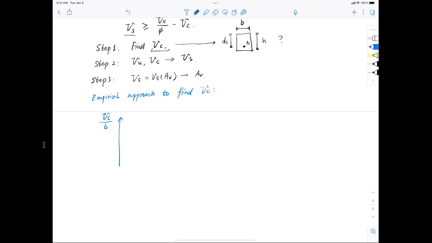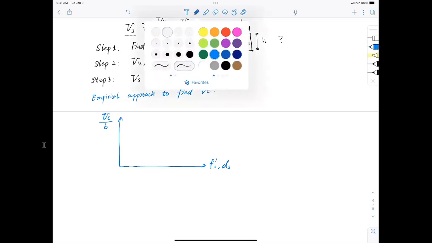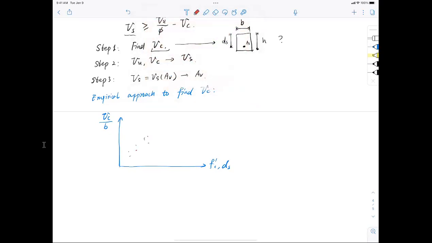Just pure concrete, okay? And we listed the shear resistance Vc normalized by the width b, versus, on the horizontal axis, the compressive strength of the concrete f'c and the depth of the beam d. And now you have a lot of data, about thousands of data points.